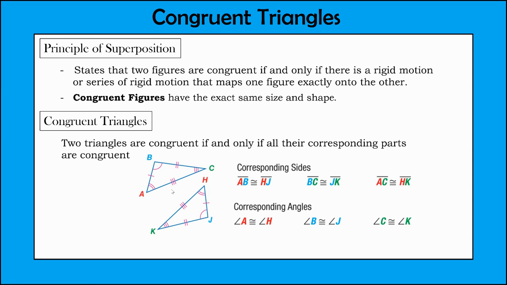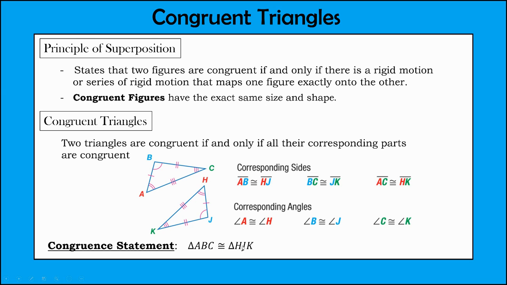Now, when we go to write our congruent statement, if I say triangle ABC for my first triangle, then I have to match it up correctly with the second. So you remember, see how A and H are the same angle? So if A's first here, H has got to be first there. I then put a B second, so that means B and J were the same, so J's got to be second.